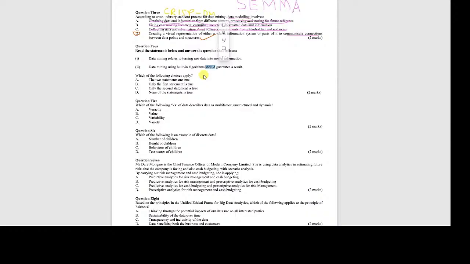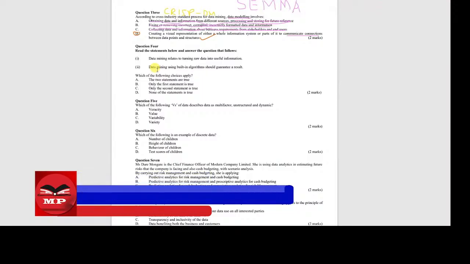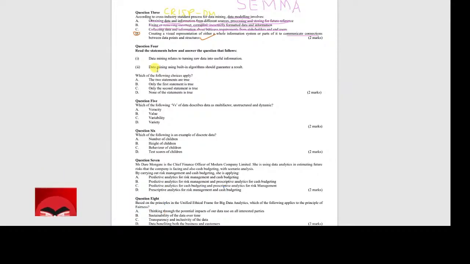So the answer here is A, the two statements are true. That one, data mining relates to turning raw data into useful information. Roman 2, data mining using built-in algorithms should guarantee a result.